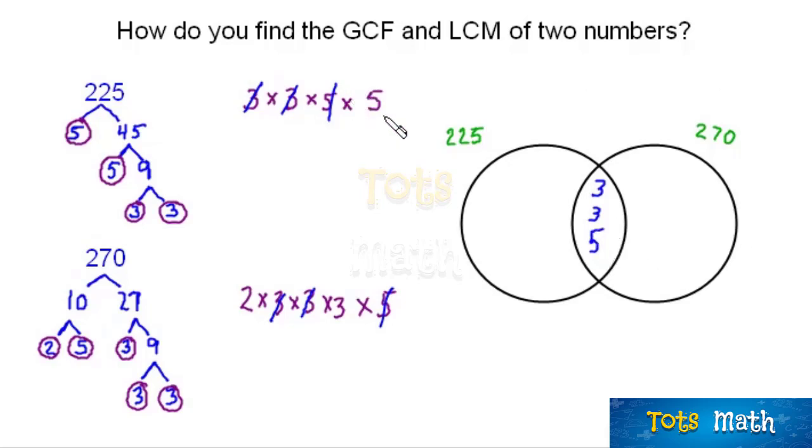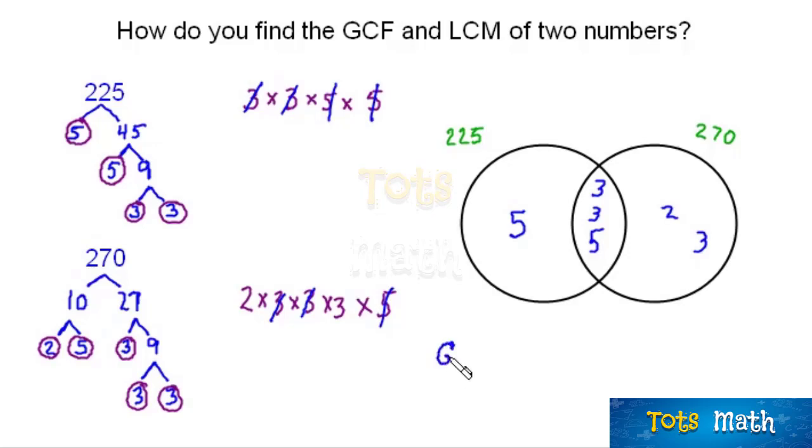All I have left for the prime factorization of 225 is the number 5, so I'll place that in the other part of the circle. Now I'm done with 225. Now let's look at 270. All that we have left are the numbers 2 and 3, so we'll place those in this circle.